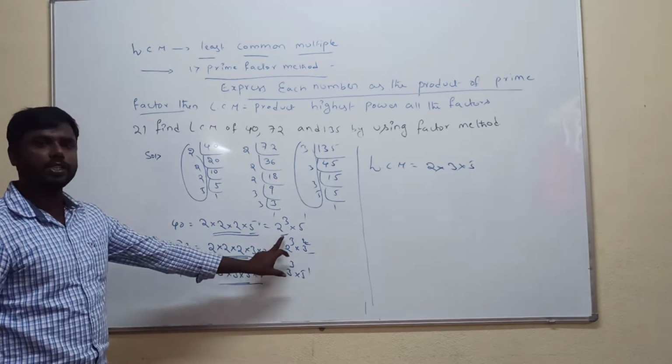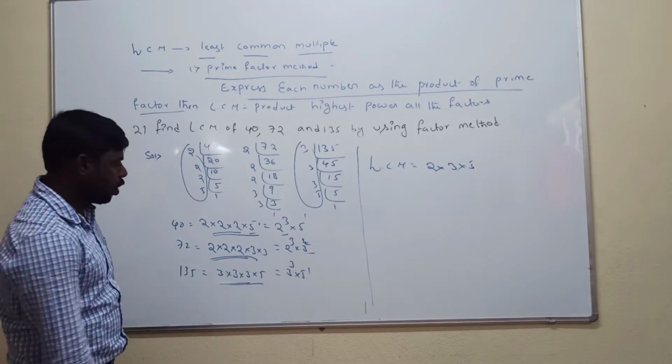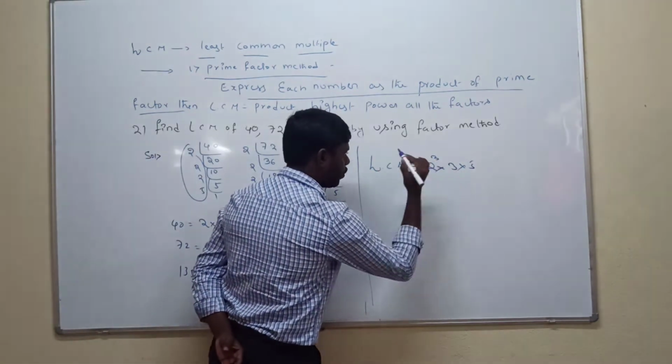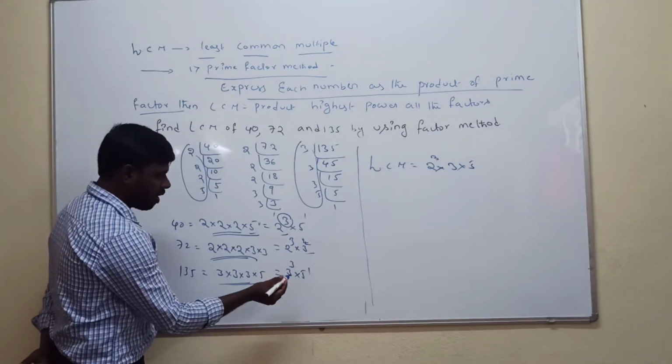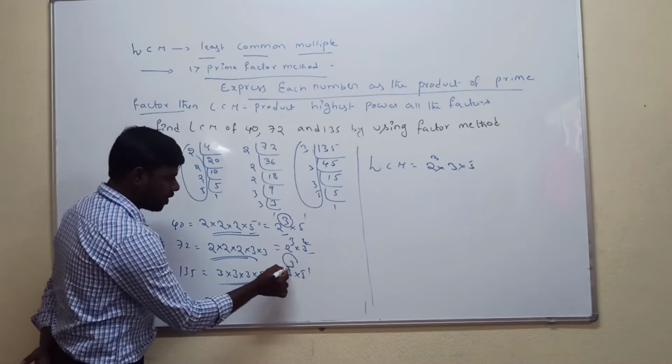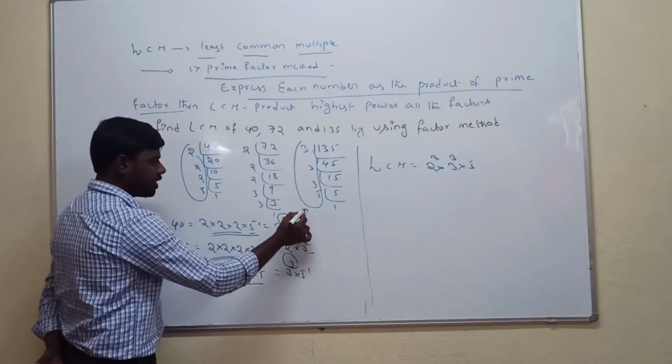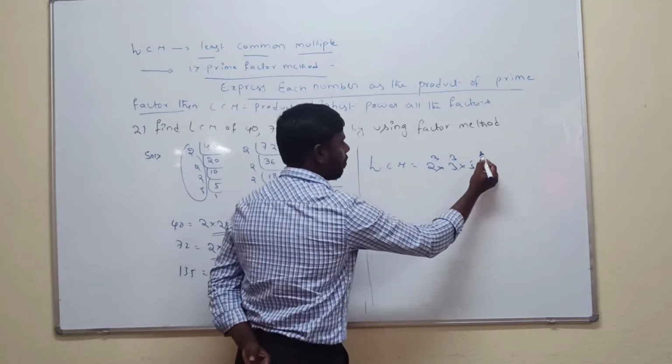Here, which numbers appear? 2, 3, and 5 appear. The highest power of 2 is 3, so 2 cubed. The highest power of 3 is 3, so 3 cubed. The highest power of 5 is 1, so 5 power 1.